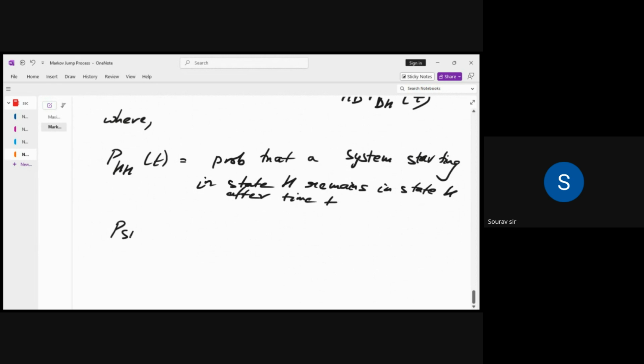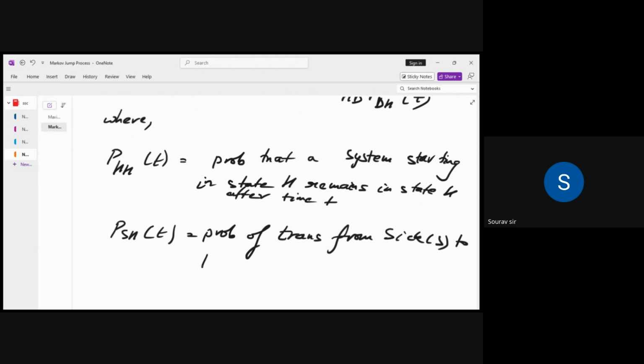What is P_SH(t)? It is the probability of transitioning from sick, that is S, to healthy, H, over time.